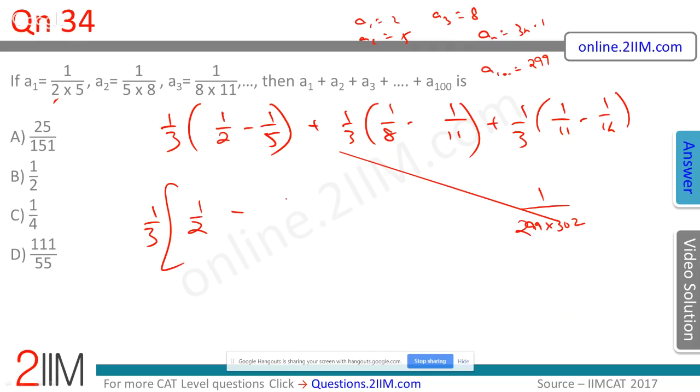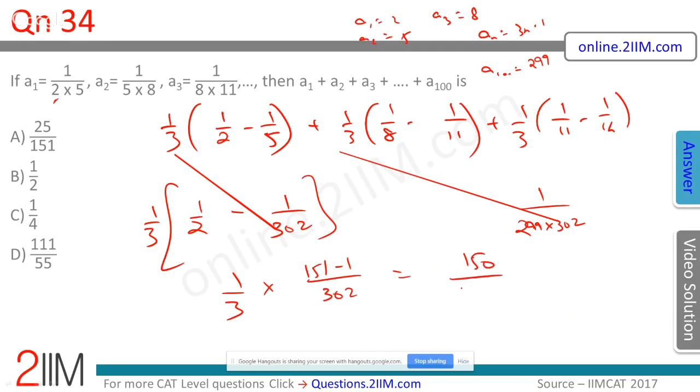So 1 by 2 minus 1 by 302, or 1/3 of 151 minus 1 by 302. 150 by 302 into 1/3 is 50 by 302, 25 by 151. Done.